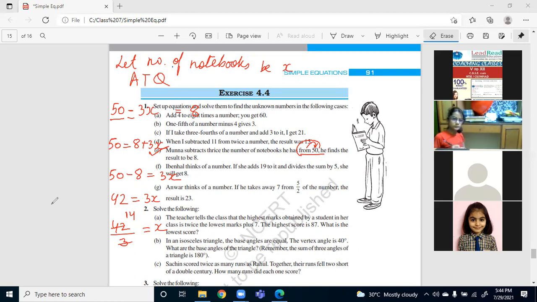So others can try F part till Rakshita is writing E part.